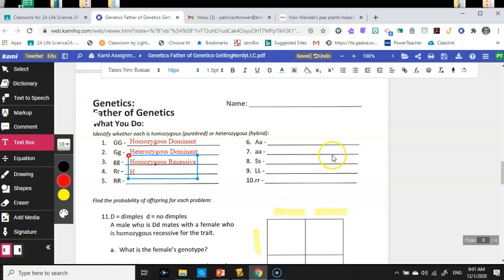And here's another one. The alleles are different, so that makes it heterozygous. But there's a dominant one, so it's going to have the dominant phenotype. And they're both dominant, so homozygous, they're both the same. And of course it'll have the dominant phenotype. So you finish these over here, you're going to do it the same way.